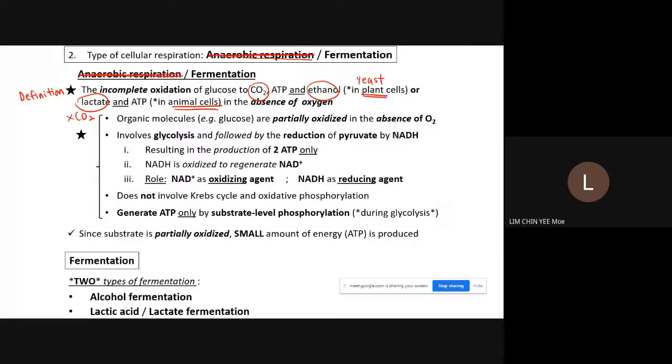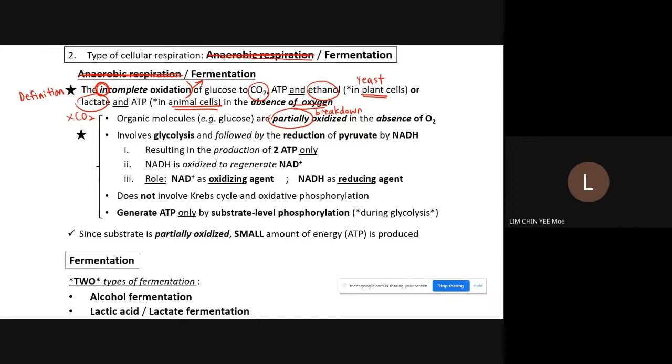Yes, Miss. Kenapa Miss nak cancel off anaerobic? Sebab anaerobic ini complete oxidation. So dia tak ngam dengan definition ini. Definition ini, when we talk about incomplete, it's only for fermentation sahaja. So anaerobic dengan aerobic, dua-dua pun complete oxidation. Hanya fermentation je yang melibatkan partially breakdown, partially oxidize of the glucose in the absence of oxygen.